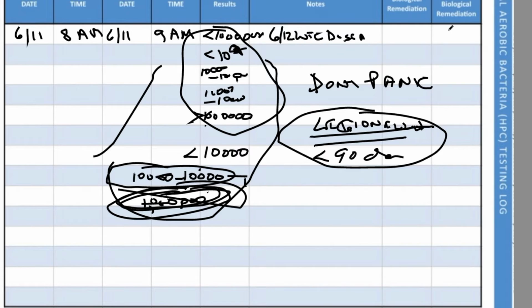Okay, so if there is a bacteriological remediation of some kind, put it into your notes and the date that it took place, 6/12. I wrote it into the notes section there, and the type of remediation it was. It might just be an extra dose. And the Department of Health wants you, once you've had a high bacteria count, anything over 10,000 or 100,000 or a million, they want you to retest the total bacteria 3 to 7 days later.